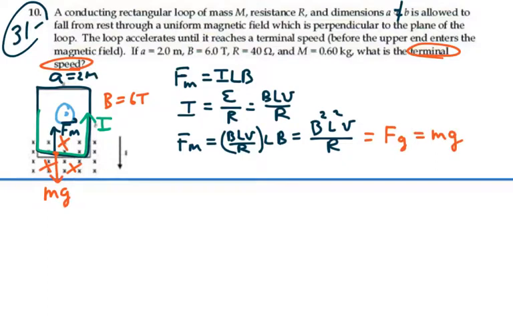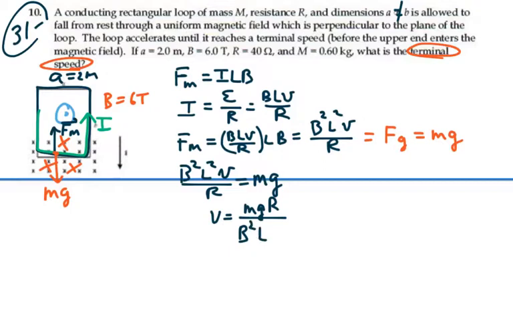So we have that B squared L squared V over R is equal to mg. We want to solve this for the velocity. So the velocity is going to equal mg times R divided by B squared L squared.